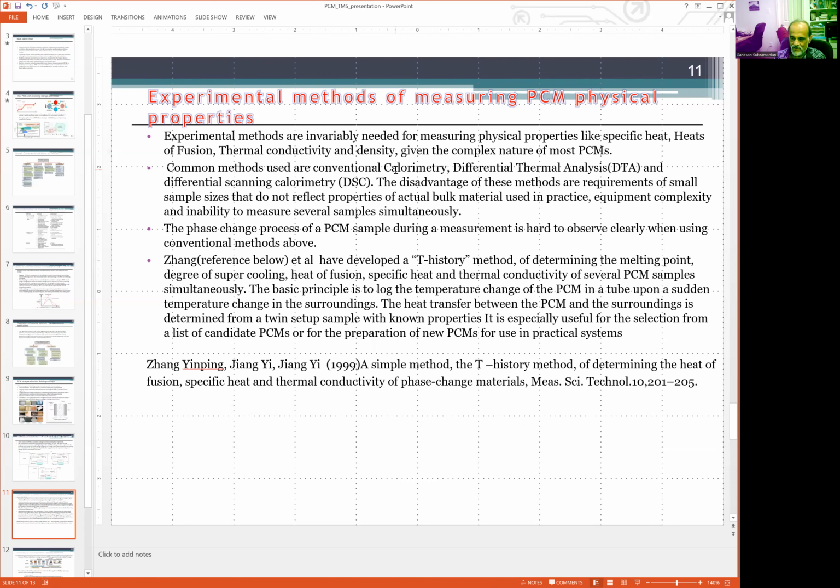The heat transfer between the PCM and the surroundings is determined from a twin set of samples with known properties. And this is especially useful if you have many different samples or different types of PCM, for example, and you want to pick the right one. And you can do all this simultaneously.